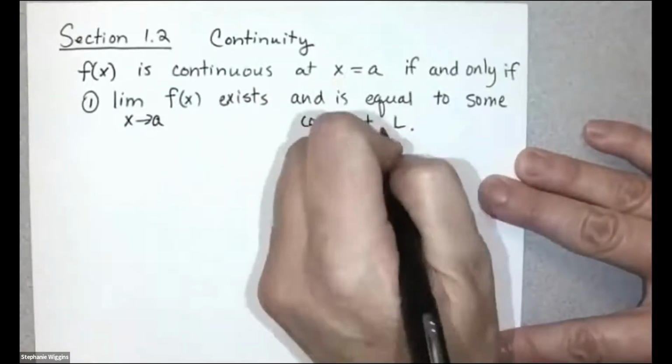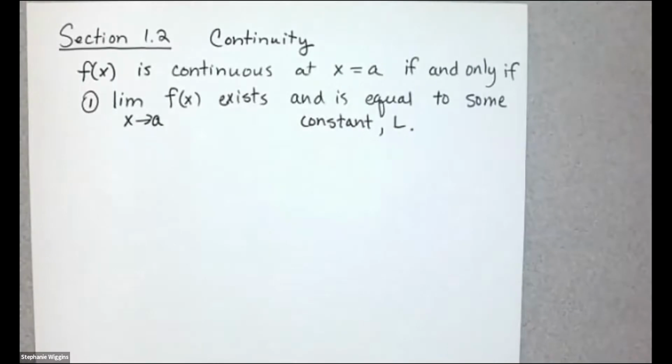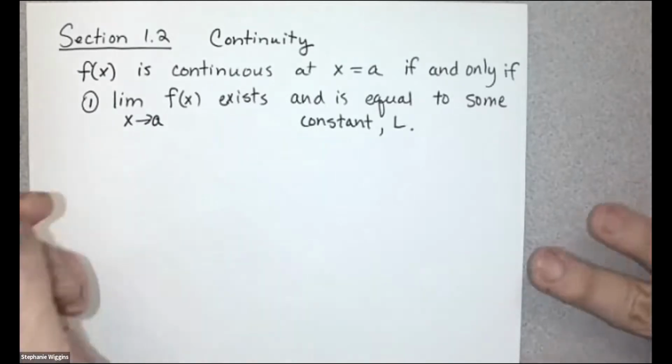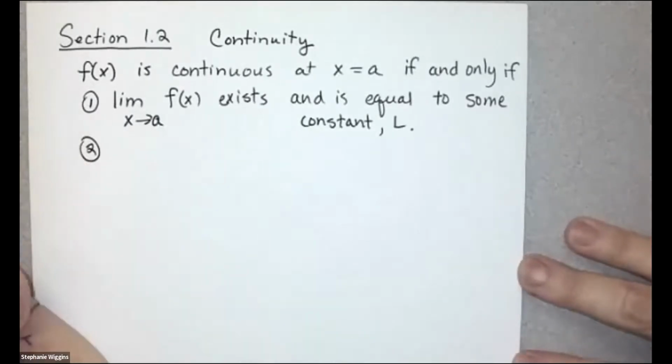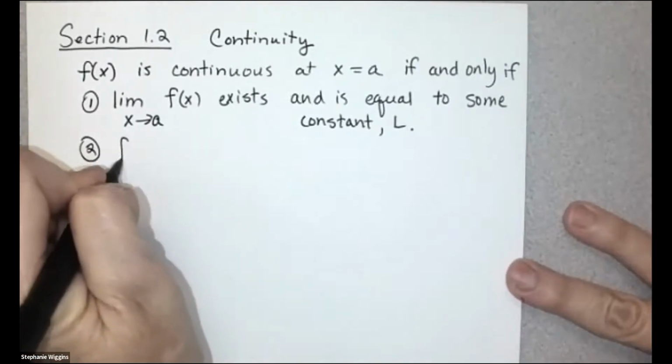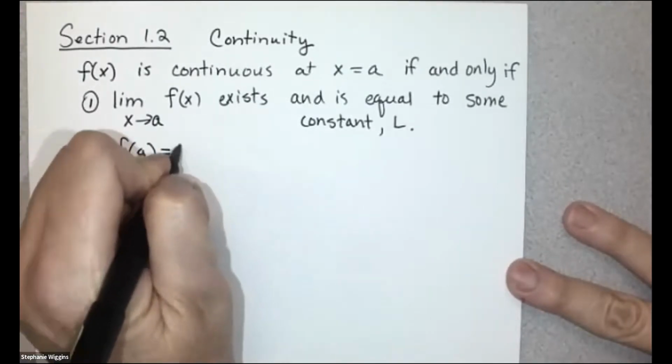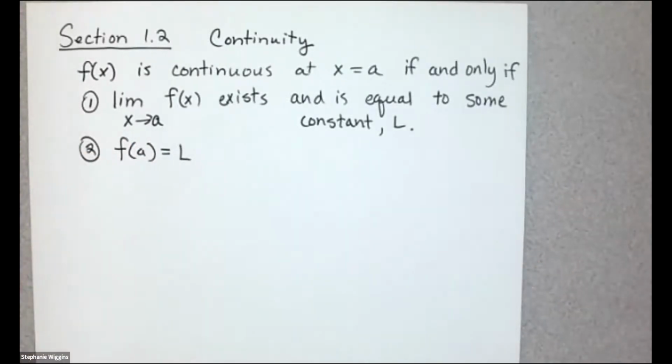Okay, so the first part says that f is continuous at x equal a if and only if the limit as x approaches a of f of x exists and is equal to some constant L. And the second part of the definition is that f of a must equal L. Okay, so continuity requires two conditions.